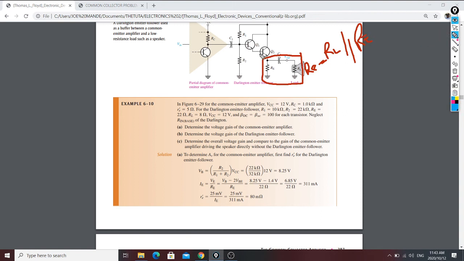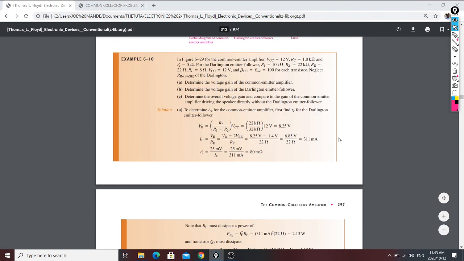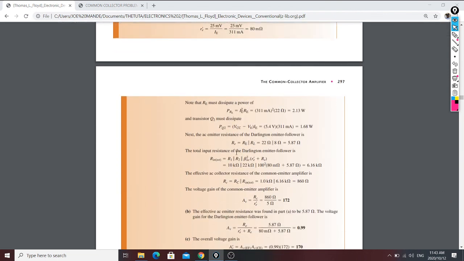You have already calculated your internal resistor. This will be our internal emitter resistor, which we have calculated. And now this combination here will give us our R in total. When you look at the calculation that was done, it was all about calculating the RE.